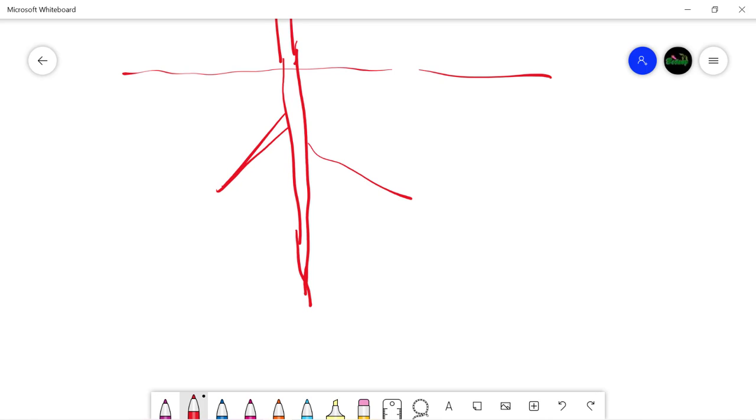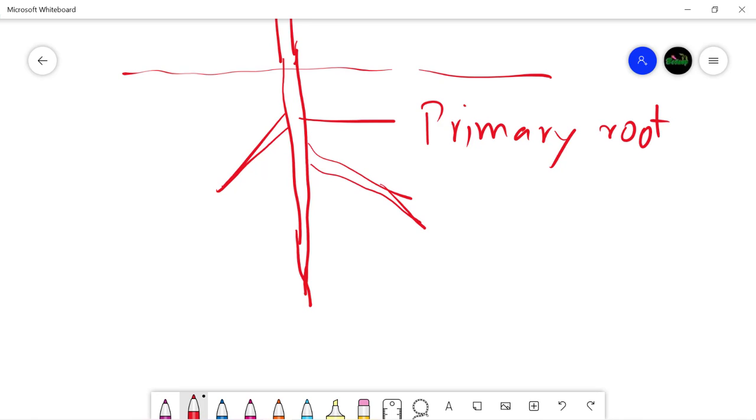not in this fashion or straight branches, but this is just diagrammatic. So this main root is also known as the primary root. One thing that you should remember is these two terms, the primary root and taproot.